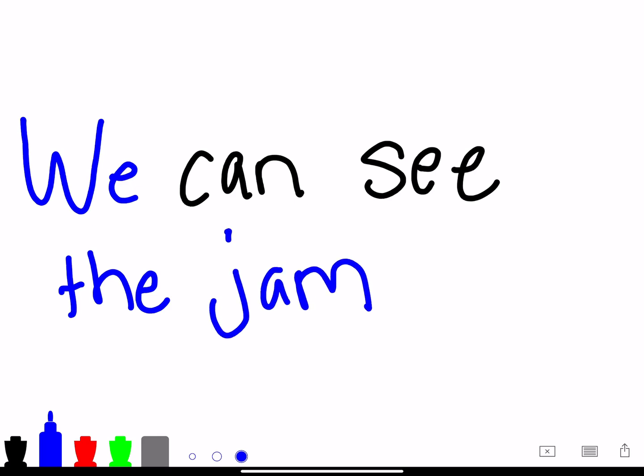And what do we need to end every sentence? A period. Now the sentence is fully formed because we have a capitalized W at the beginning of the sentence, and we have what we are seeing in the sentence, and we have our ending period, which we need to use every time we end a sentence.